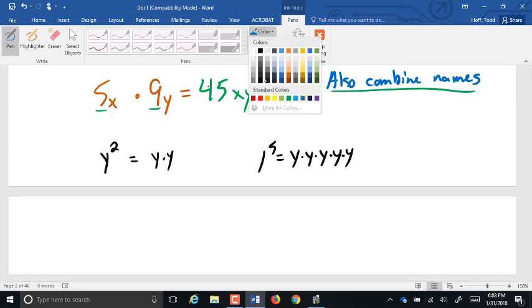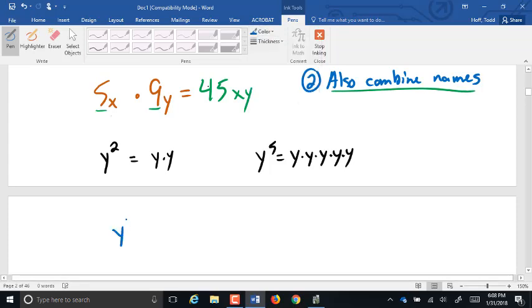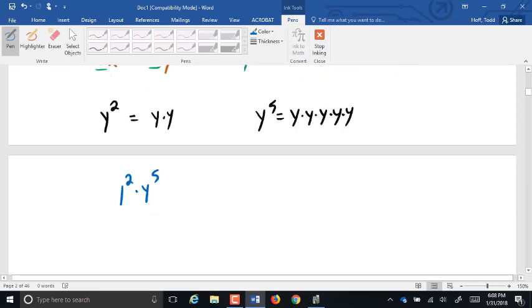So what if I have y squared times y to the 5th? Well, that's 2 y's multiplied together. And this is 5 y's multiplied together. If I multiply them all together, what do I have? I have 7 of them, y to the 7th.